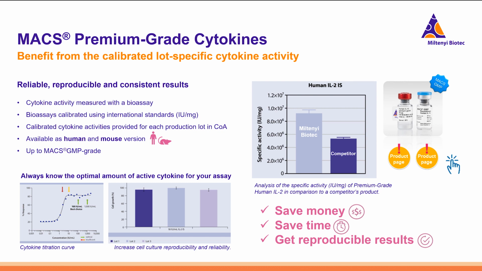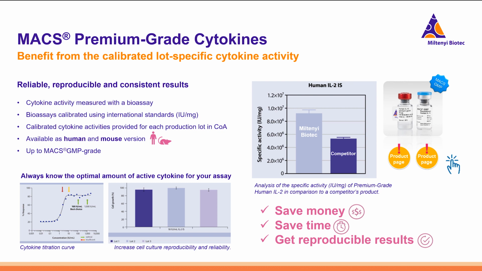Interestingly, in the saturated area, 100 international units per milliliter and 1000 international units per milliliter work equally well. In consequence, failure to add the correct amount of cytokines, be it not enough or too much, will lead either to suboptimal results or a waste of reagents.